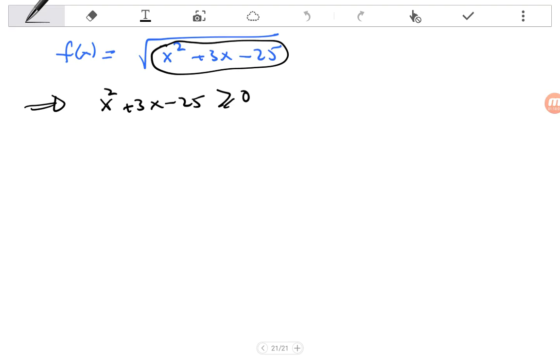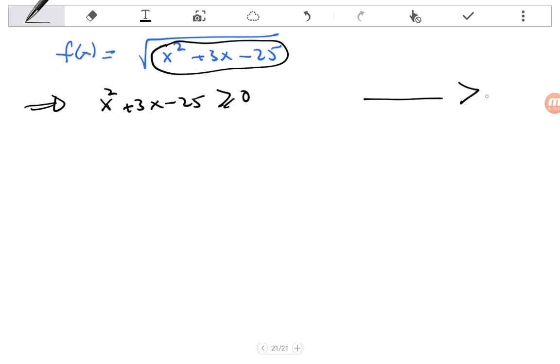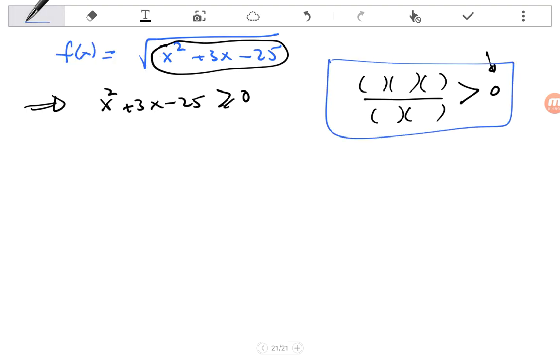Now, if I have any inequality with some rational function greater than or equal to 0, we just have the same procedure to find the solution of this inequality. If I have a polynomial, put it in brackets like these, we will learn how to find the solution of this inequality.